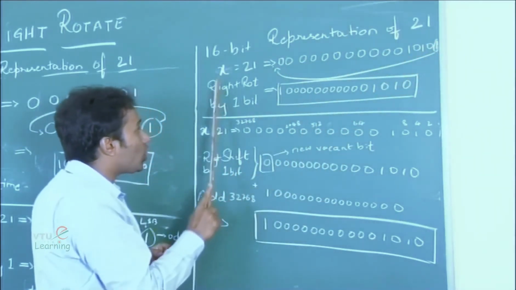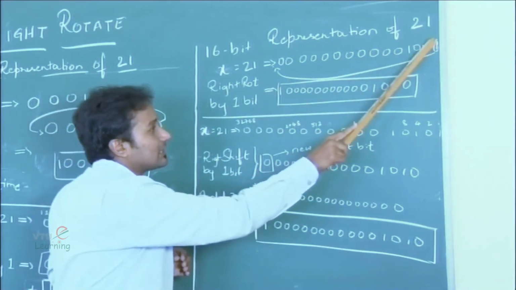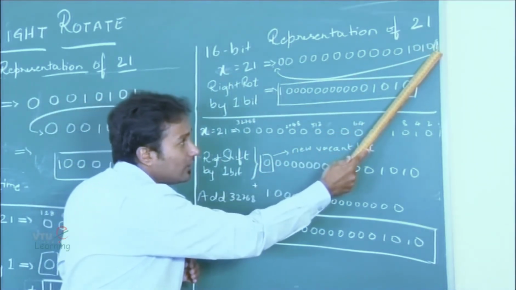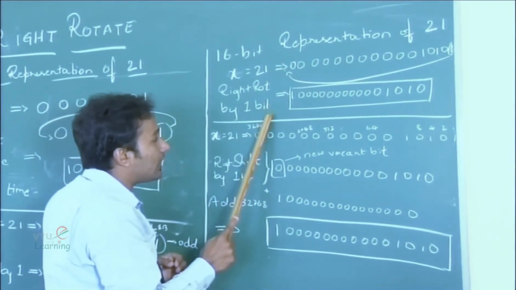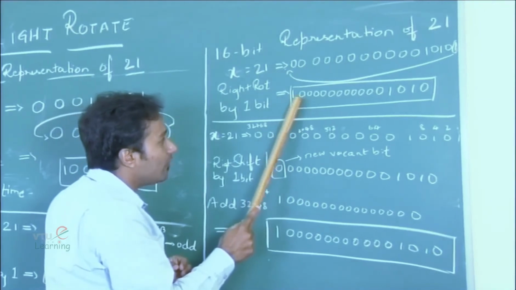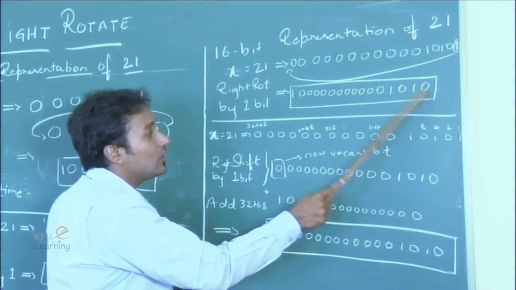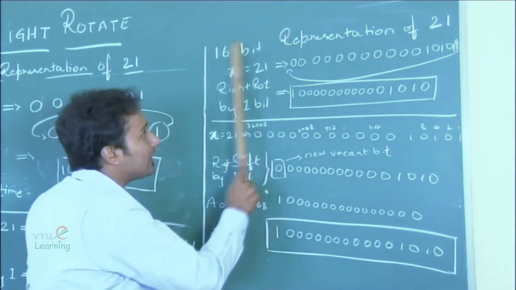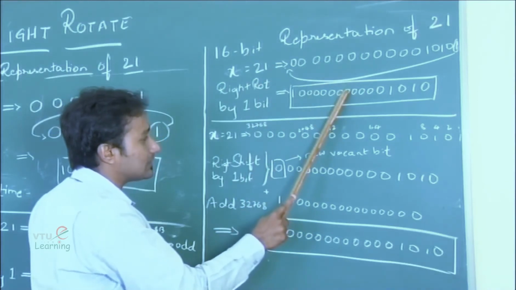If I want to rotate the given number x by 1 bit, then the LSB position 1 comes to the MSB, and the newly rotated number would be 1 followed by 11 zeros 1010. This is how the mathematical representation of the right rotation occurs.